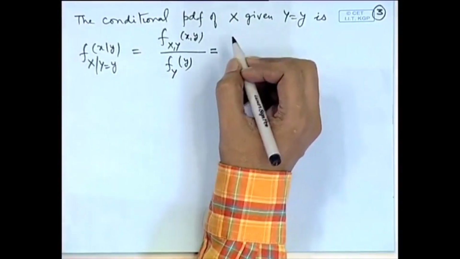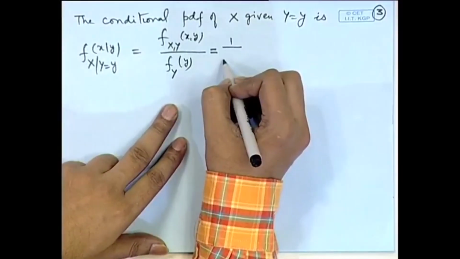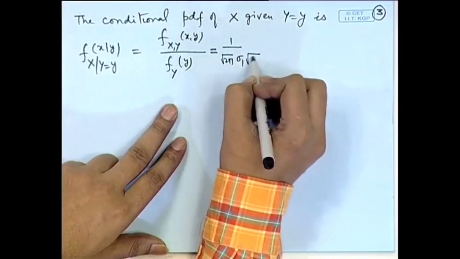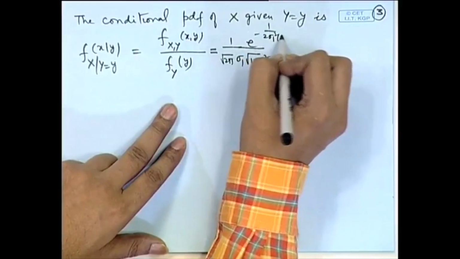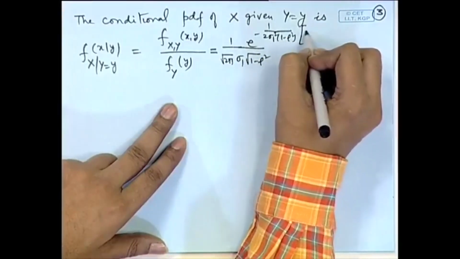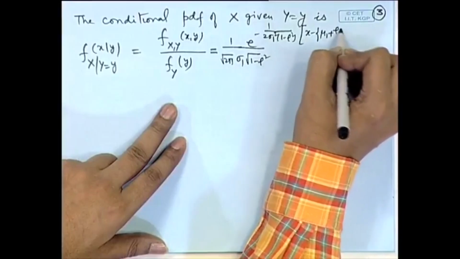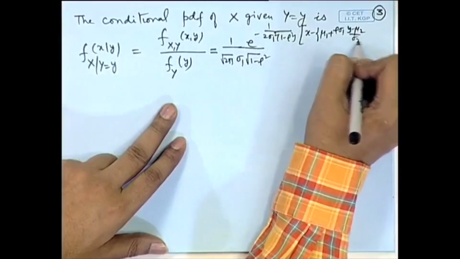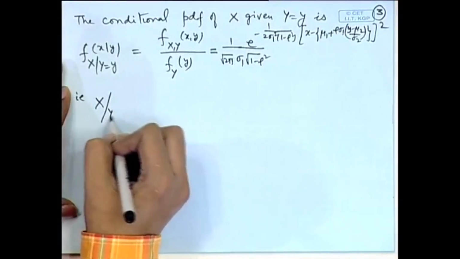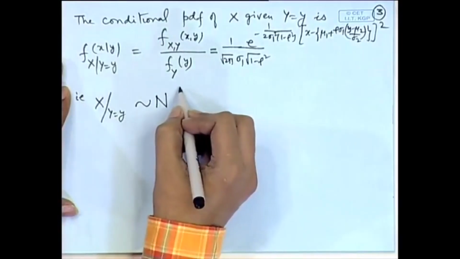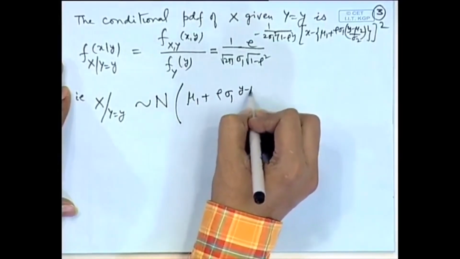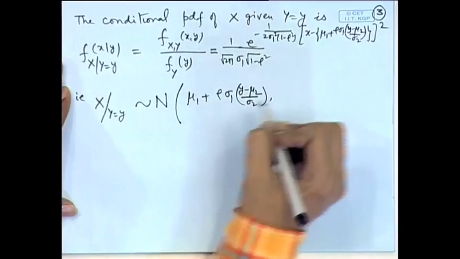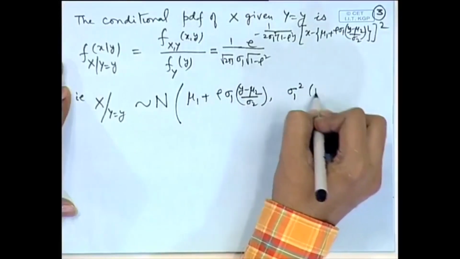After simplification it is equal to 1 by root 2 pi sigma 1 root 1 minus rho square e to the power minus 1 by 2 sigma 1 square (1 minus rho square) (x minus mu 1 plus rho sigma 1 (y minus mu 2) by sigma 2) whole square. That is, we can say that X given Y equal to y follows normal with mean mu 1 plus rho sigma 1 (y minus mu 2) by sigma 2 and variance sigma 1 square into (1 minus rho square).